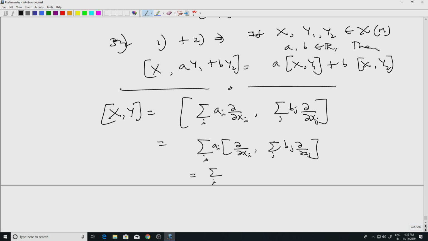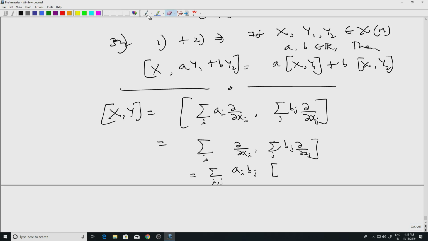So summation over i, j of ai bj, and then, oh sorry, these are not constants. This linearity holds only for constants, so here I can't take out this ai; I have to keep it inside.